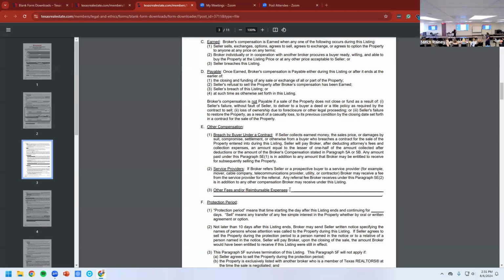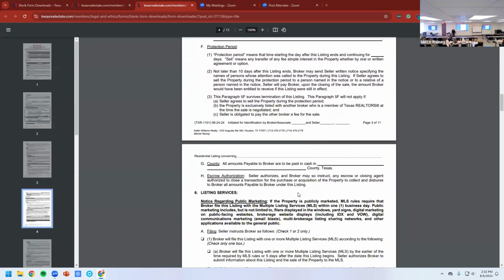In these expenses, with RESPA, you can't have reimbursable expenses for the photography. You pay $75 and you charge them $150. You can't upcharge on these expenses. And they need to be measurable, okay? Y'all know about the protection period, 10 days.